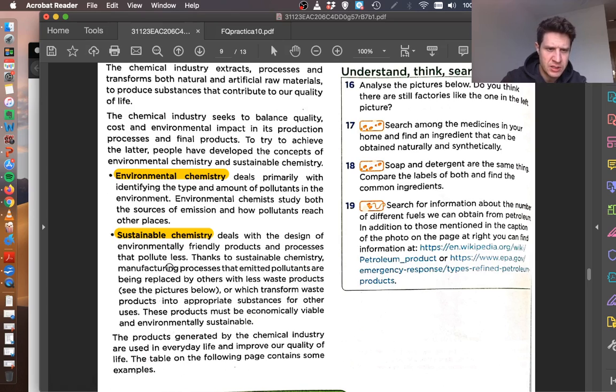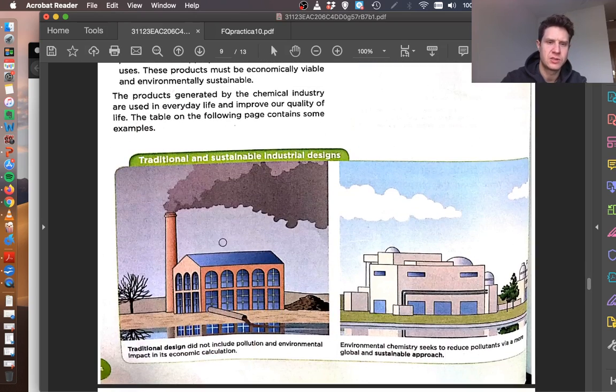See the picture, manufacturing. Yes, thanks to sustainable chemistry, manufacturing processes that emitted pollutants are being replaced by others with less waste products. See the picture below. Okay, so this is the original industry, and this is the nowadays industry.